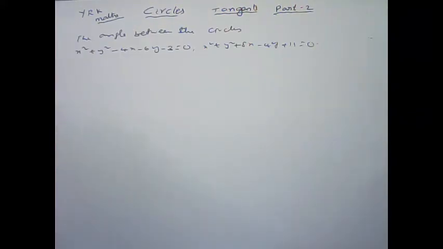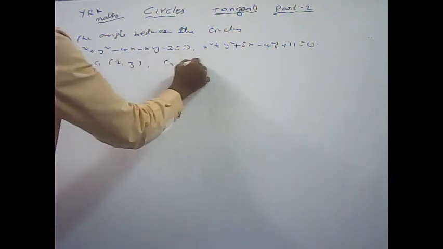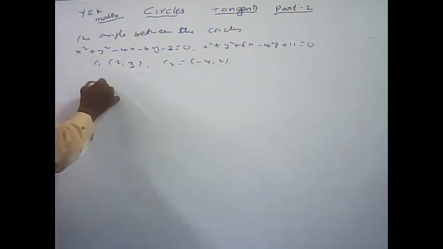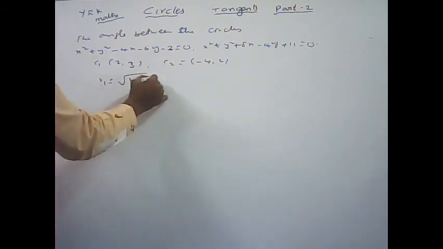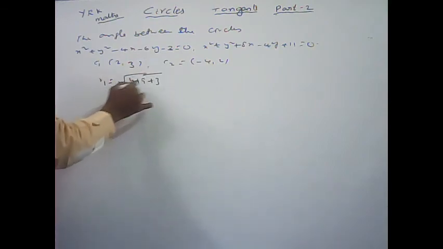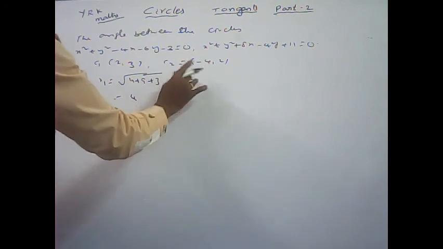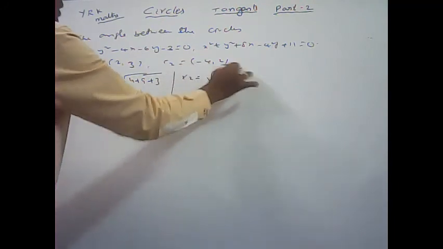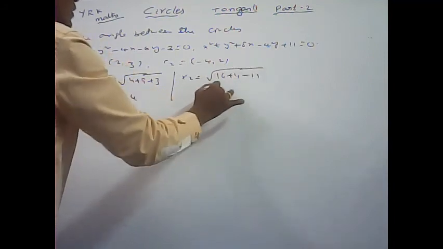Here two circles are given, and we have to find the angle between both the circles. So first we have to write all the things. C1 is (2, 3) and C2 is (minus 4, 2). R1 is root of g square plus f square minus c, that is root 16, 4, and R2 is root of g square plus f square minus c, that is 2.